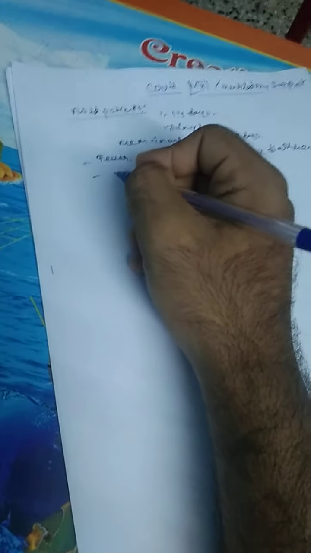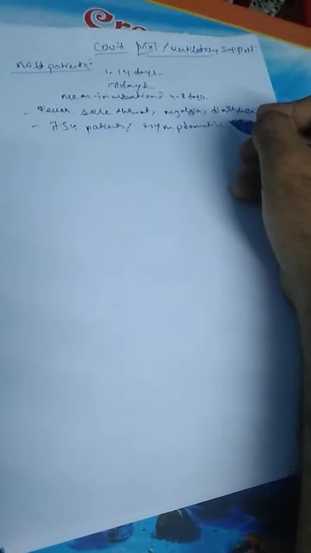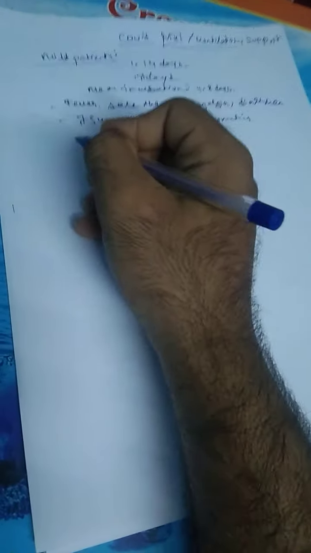Mostly in mild COVID, 75% of the patients we get are asymptomatic. So these patients don't actually know they have COVID. There is nothing much we can do in this, and the patient resolves on their own. So we just support the patient and observe.